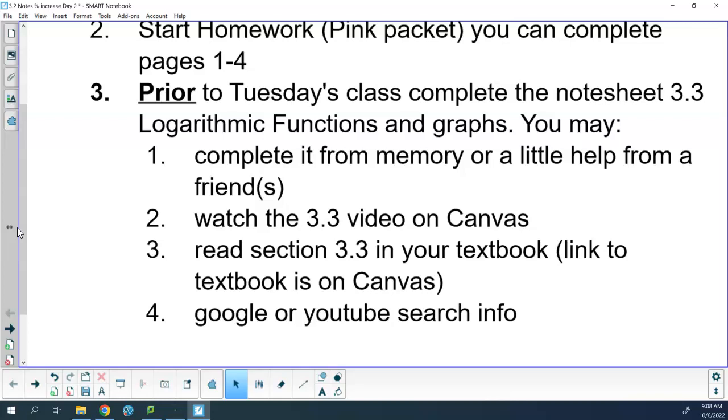But it is your responsibility to know the information on that 3.3 note sheet by Tuesday, because we're going to use that information in class on Tuesday. So if you don't like being lost, you got to do it. Any questions on those?